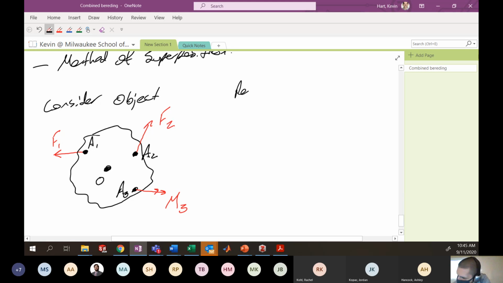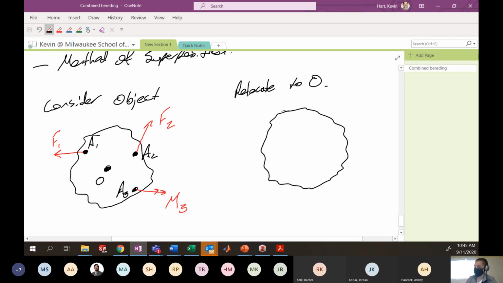So, relocate to O. If we get our potato here again, I've got to relocate my forces using force-couple relationships. Here is point O once more.